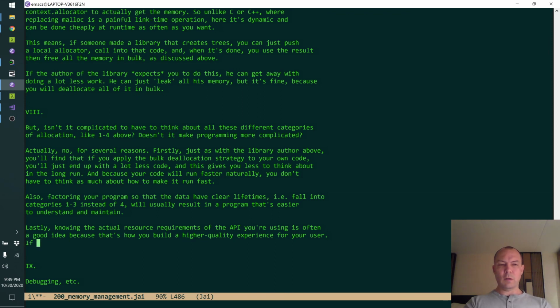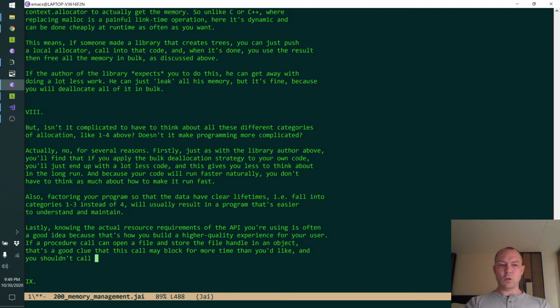If a procedure call can open a file and store the file handle in an object, that's a good clue that this call may block for more time than you'd like, and you shouldn't call it from the main thread of an interactive application.